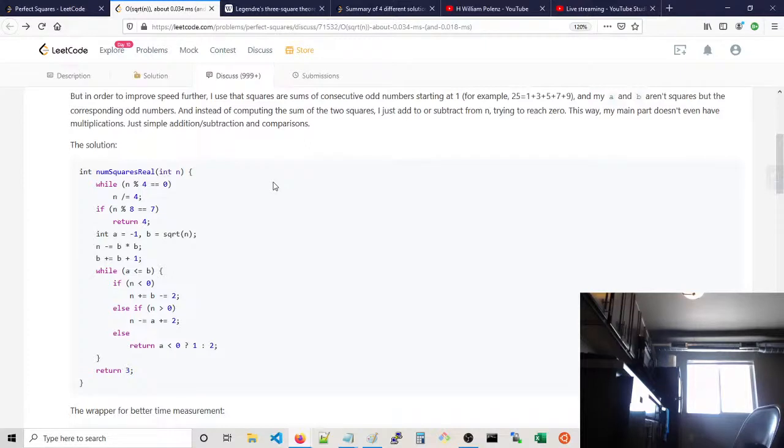either it's a perfect square out the gate and you're done, or you gotta add something. You gotta add a and then decrease b, and then add a little more a and decrease b a little more.